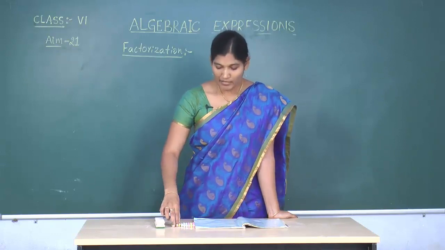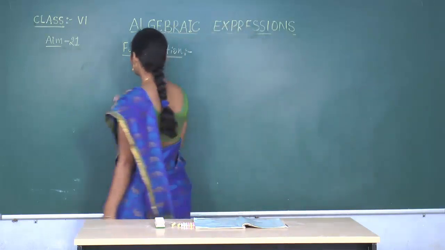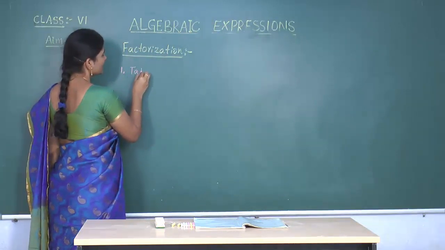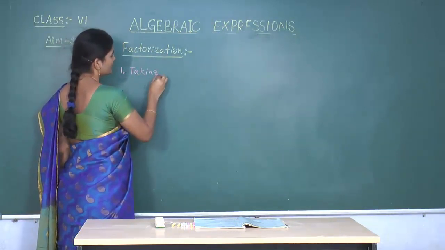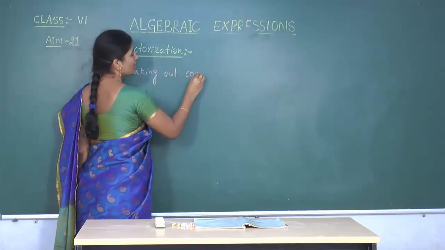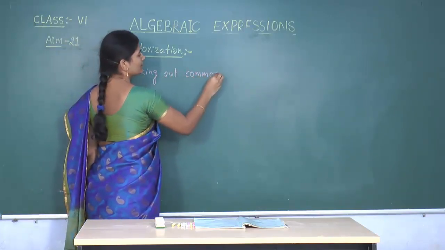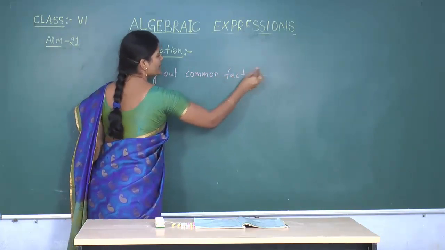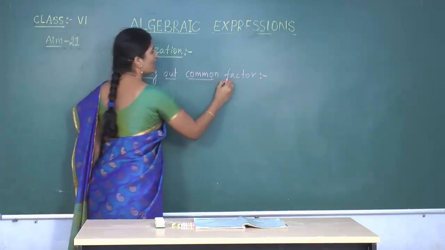In this, the first method is taking out common factor. This is the first type, taking out common factor.